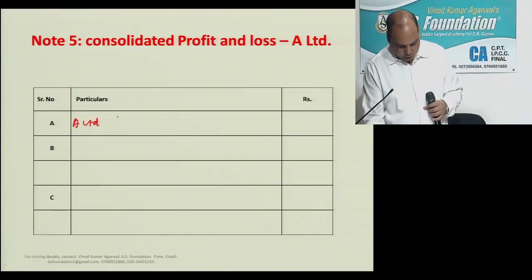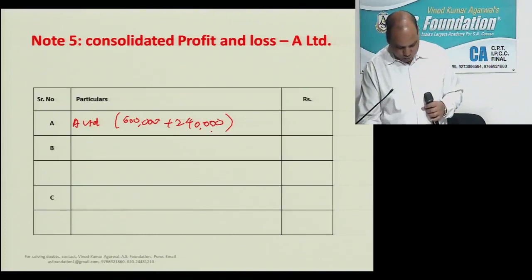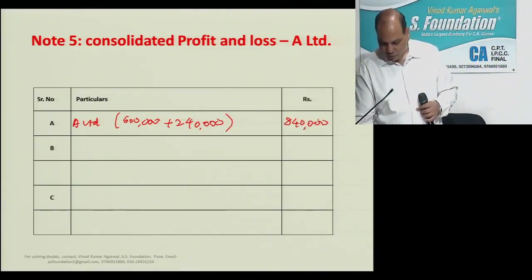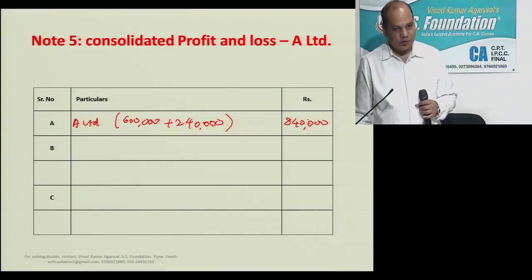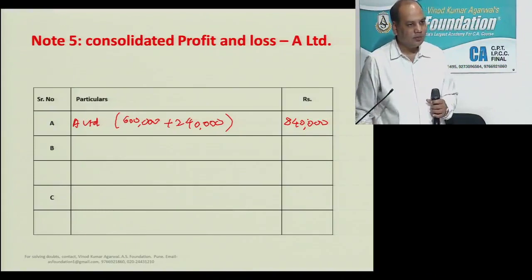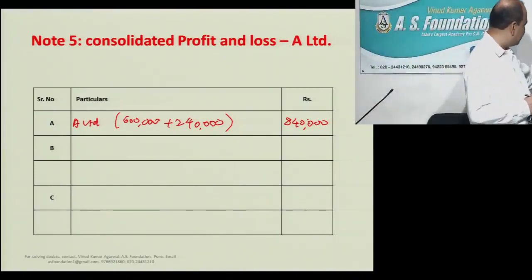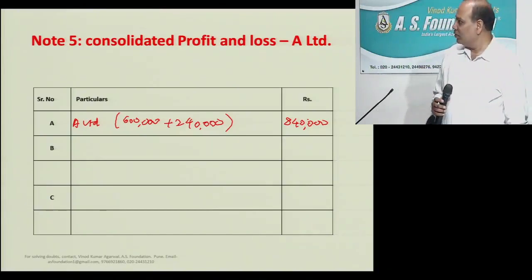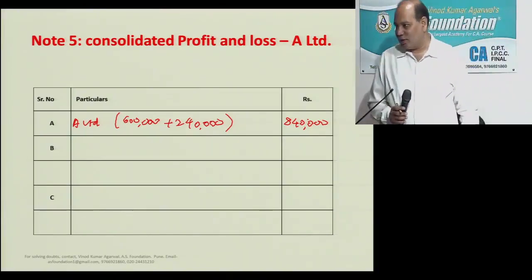So for A Limited, you can just save time and page by adding the two figures, or you can write two separate lines. P&L account 1111, profit for 11. Is it understandable? Any query till now?